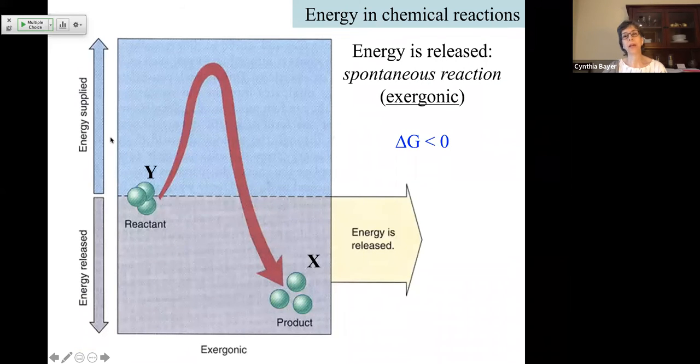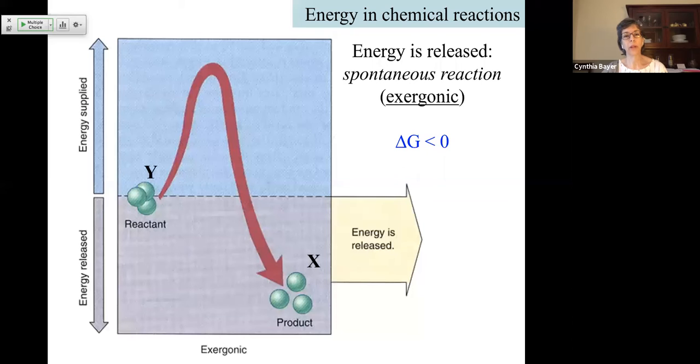Here we're looking at an energy profile of a reaction of Y, reactant Y, being converted to product X. If we look at the progress of this reaction from left to right, we see that this is a spontaneous reaction because the free energy in molecule Y is greater than the free energy in product X. So we say that the overall change in free energy, delta G, is negative, right? This is spontaneous. Overall, energy will be released in this process.